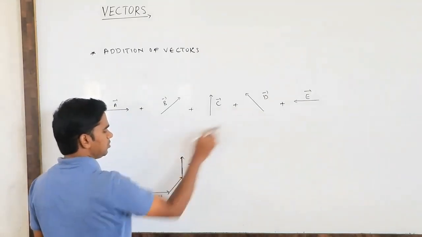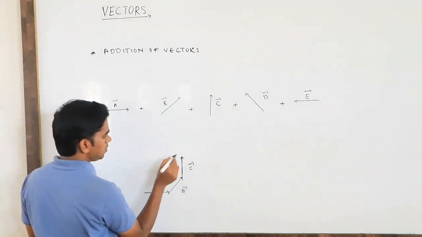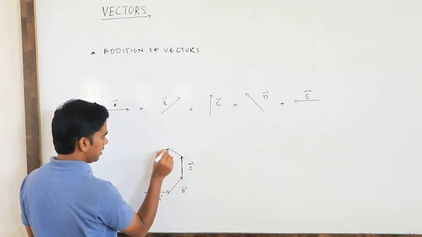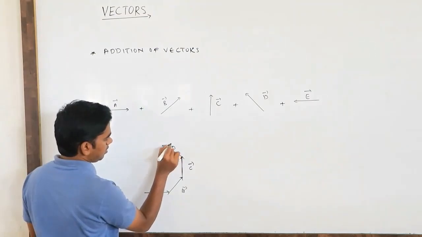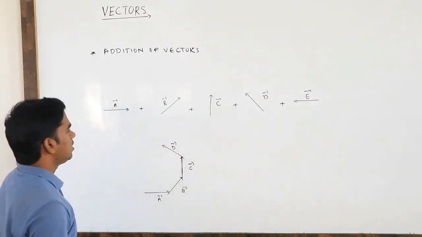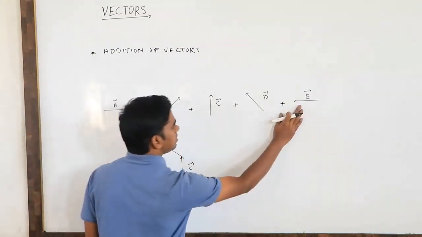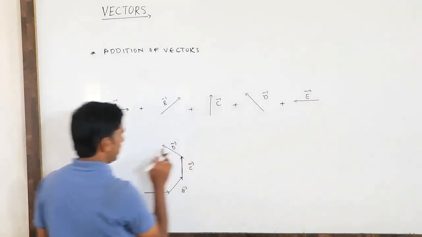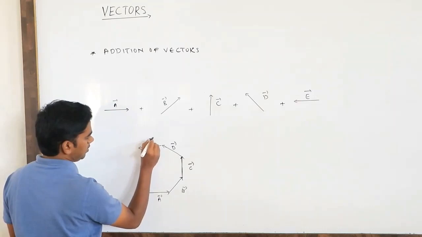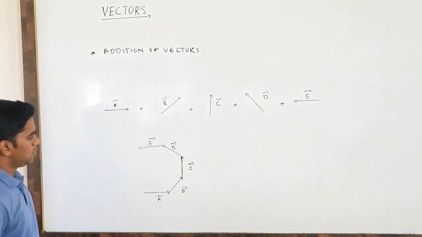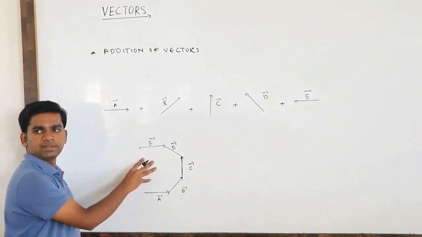Again its tail should join with the head of C, so it should go in this direction. This is your vector D. Next, vector E: its tail should join with the head of this one. So this is vector E.